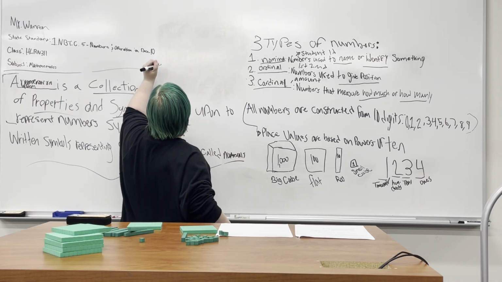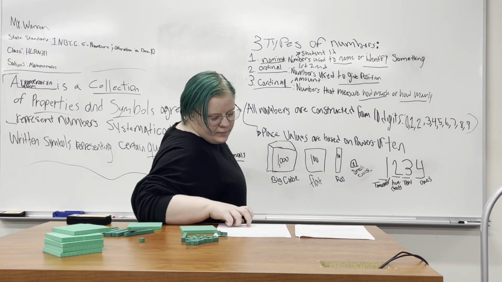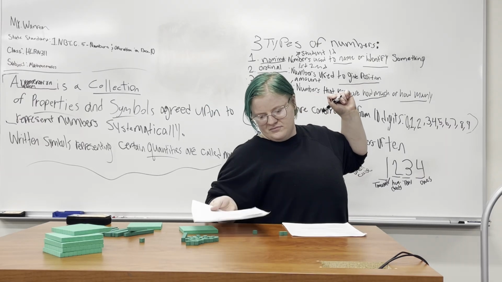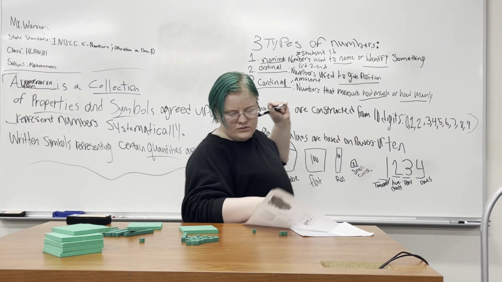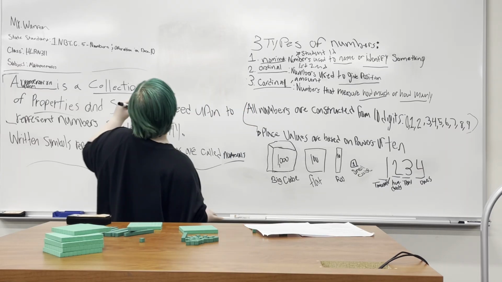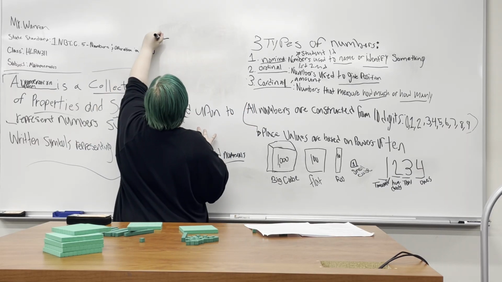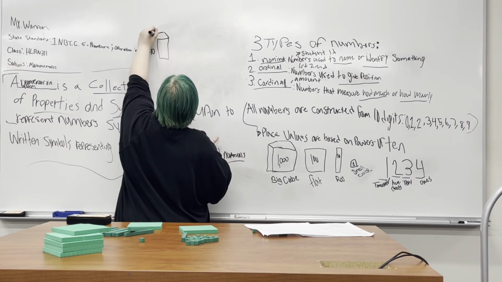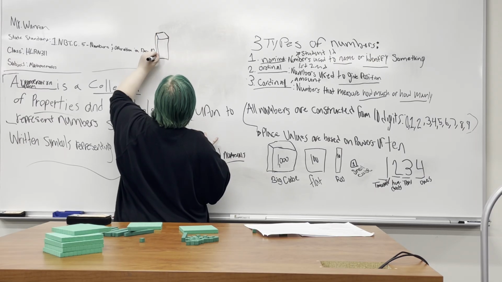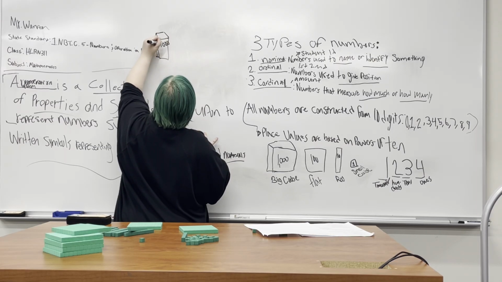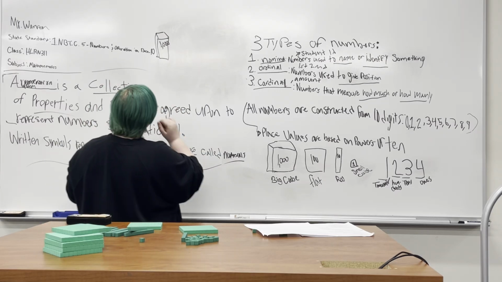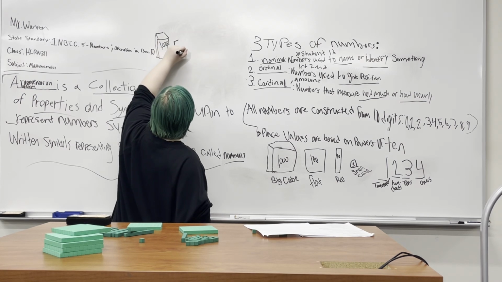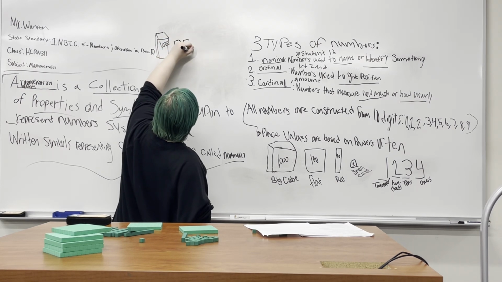Alright, let me see my paper real quick. There we go. Alright, I am going to use a big cube for this one, just so you guys can get a feel of what it's like to mess around with a big cube. Does mean 1,000, and this 1,000 can be translated as, let's see, 10 flats.